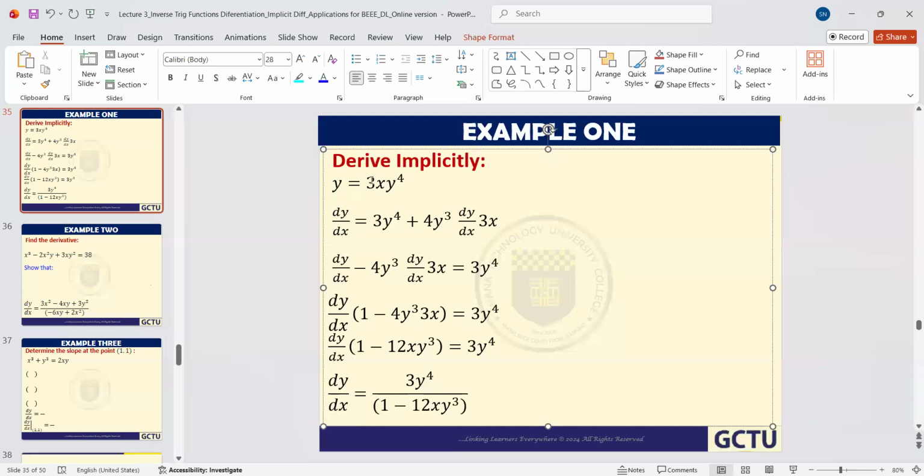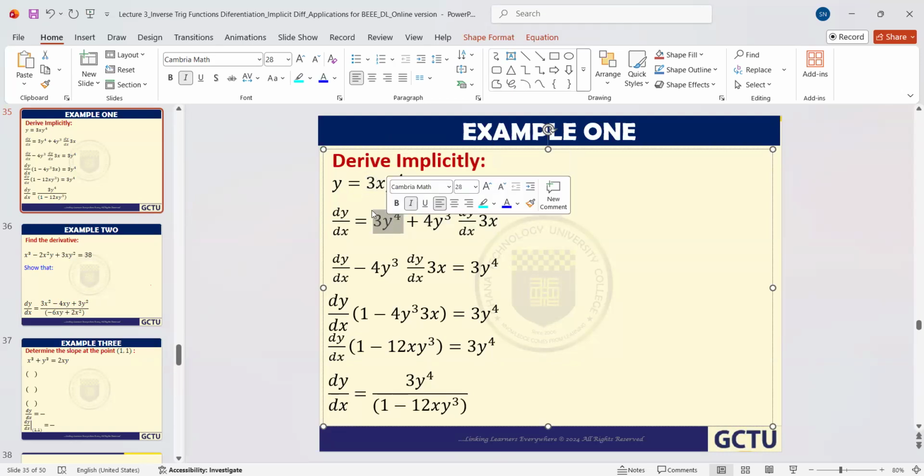So I am going to keep one of the terms constant and then differentiate the other. Here, because 3 is constant, I pull that out, and I keep y to the power 4 constant and differentiate x. If you differentiate x, you get 1. That's why this gives you 3y to the power 4.